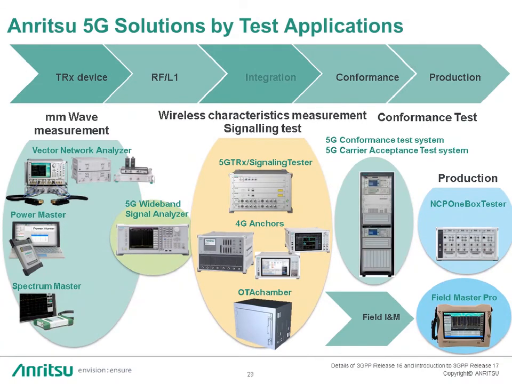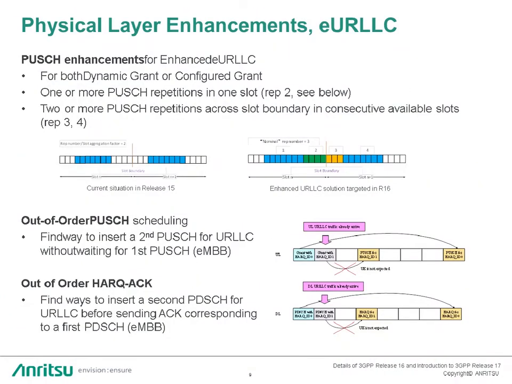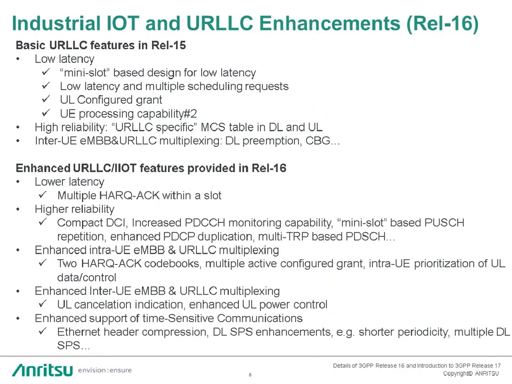So, Release 16 enhancements for Industrial IoT. I covered it in one of my slides. This whole section is on Release 16 enhancements for Industrial IoT, where we are looking at physical layer enhancements, including the low latency for HARQ, higher reliability using compact DCI, increased PDCCH monitoring capability, mini slot based PUSCH, enhanced PDCP duplication, multiple TRP based PDSCH.